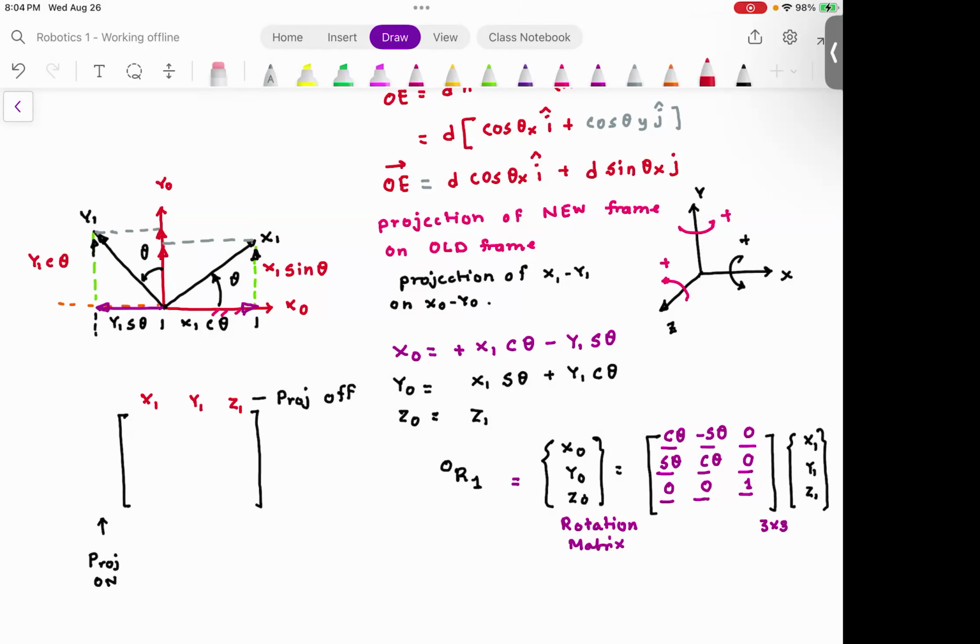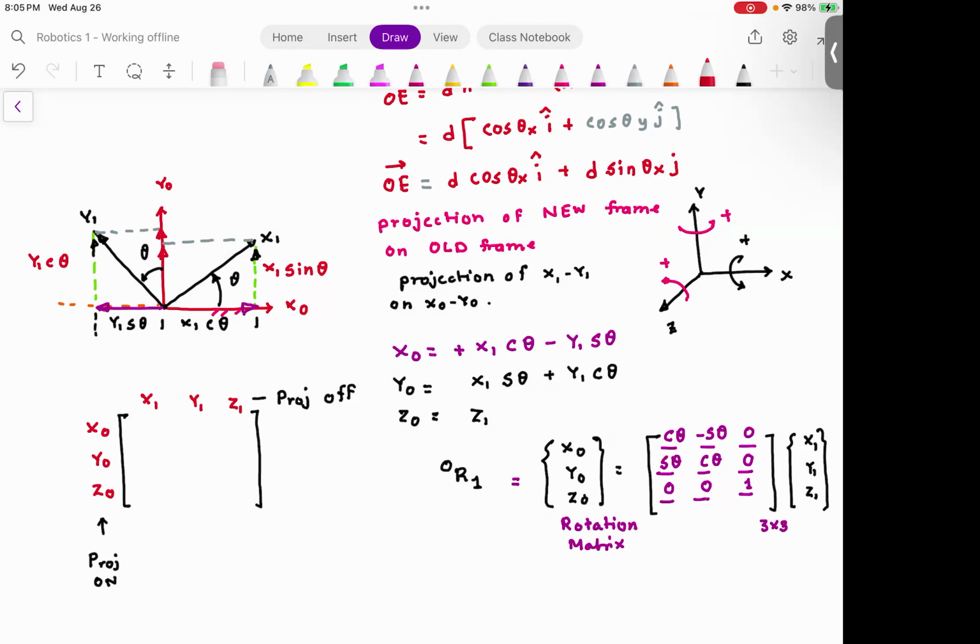Projection on X0, Y0, Z0. Do you agree with me? Projection off, because our new frame is X1, Y1, Z1. Old frame is X0, Y0, Z0.